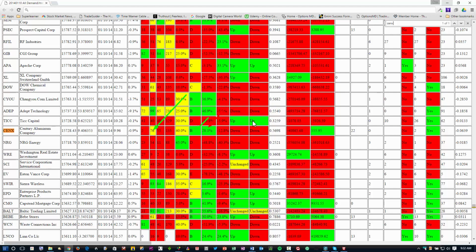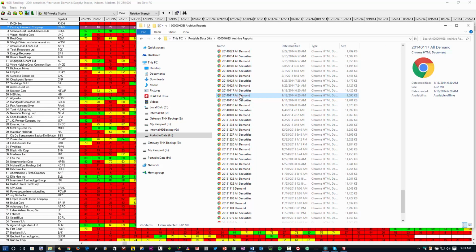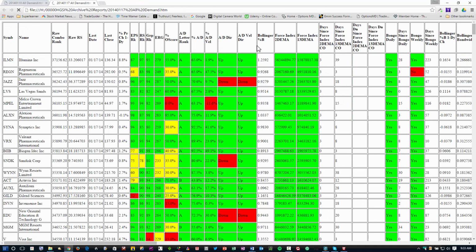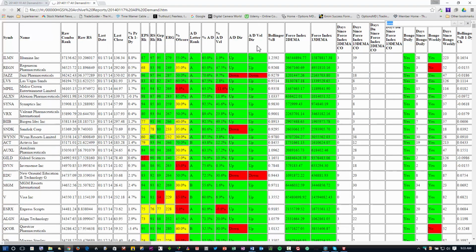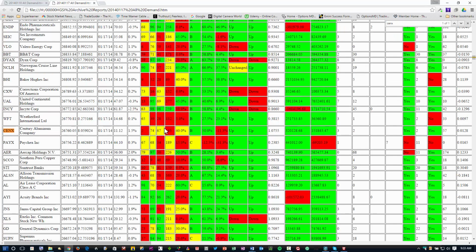Now let's take a look at the following week, and I'll do a Control Find CENX, and it actually stayed in the 70 area, 74. Let's keep doing this.